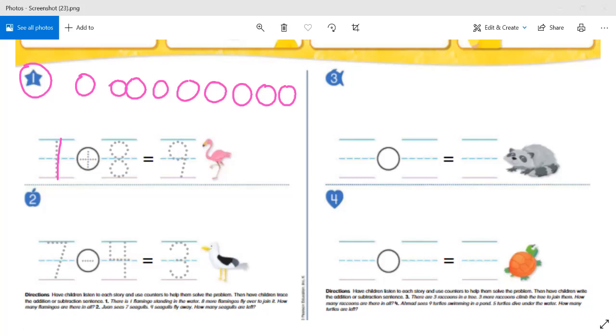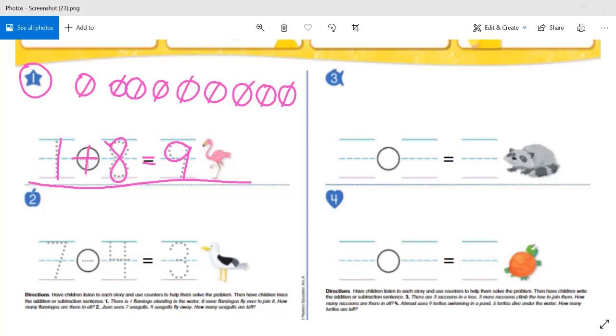The other flamingos joined the one flamingo. So we are adding, it is an addition problem. We add 8. And that equals how many? 9. Let's count them. 1, 2, 3, 4, 5, 6, 7, 8, 9. So the addition sentence is 1 plus 8 equals 9.